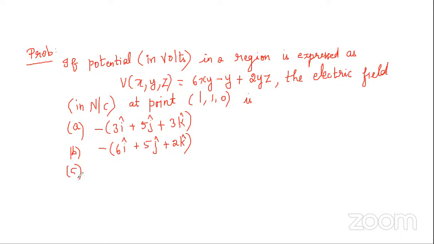Option C: minus 2i cap plus 3j plus k cap. Option D: minus 6i plus 9j plus k cap.